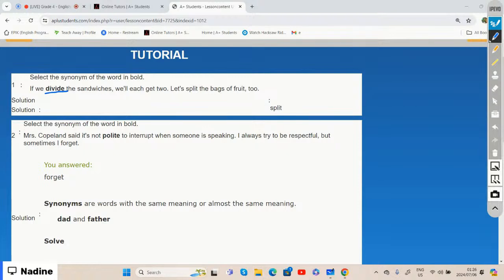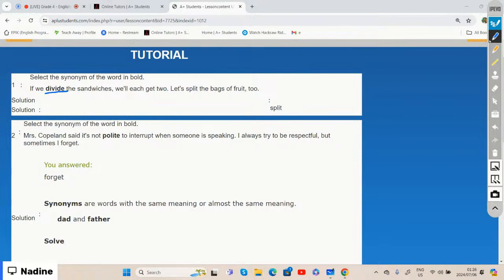There's two sentences, so we need to find the synonym in the next sentence of that same word. So, for example, if we divide the sandwiches, we'll each get two. Let's split the bags of fruit too.